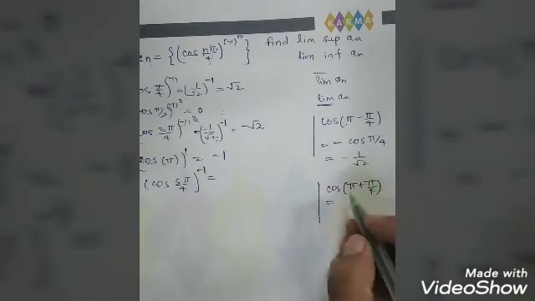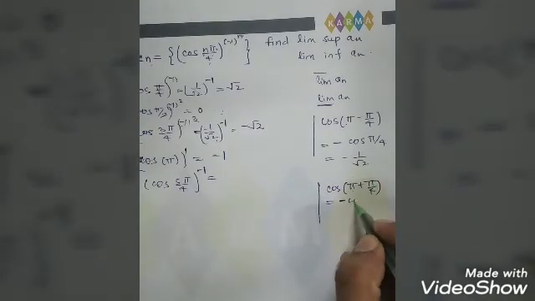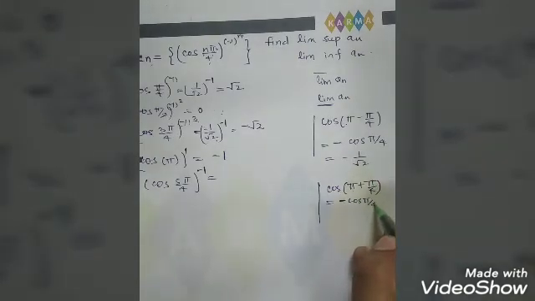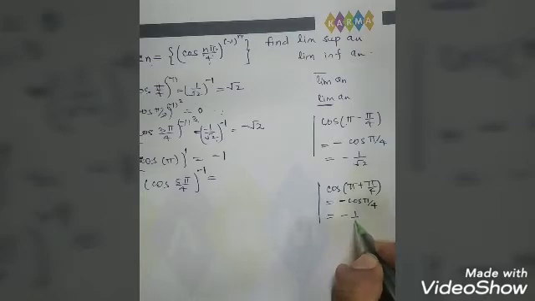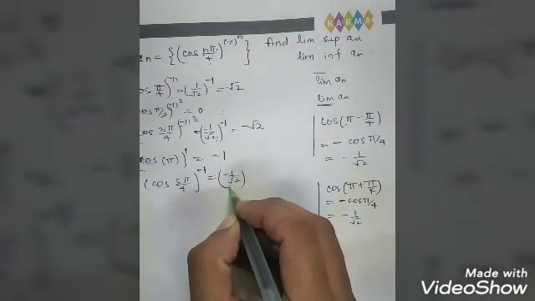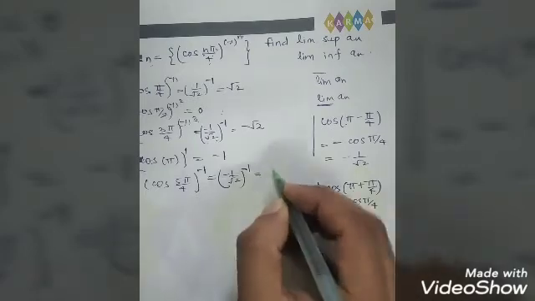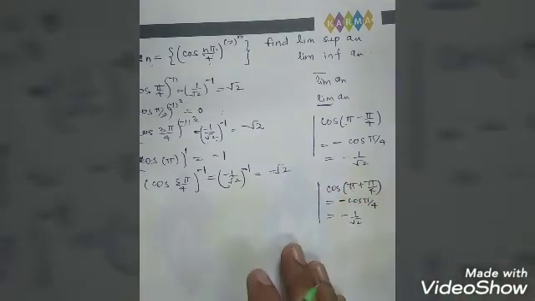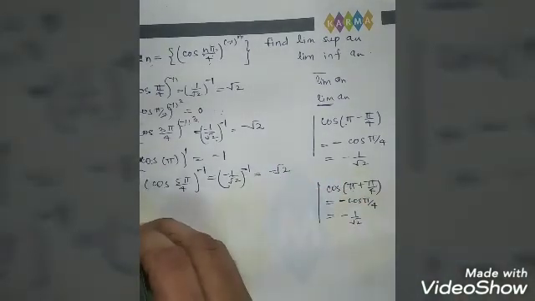It lies in the third quadrant, where cos is negative, so again minus 1 by root 2. Raised to minus 1, again minus root 2.